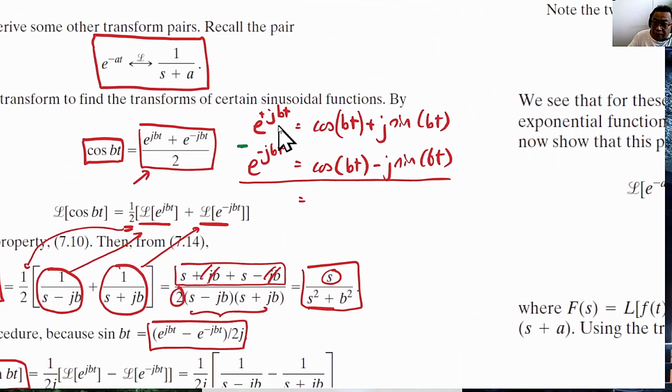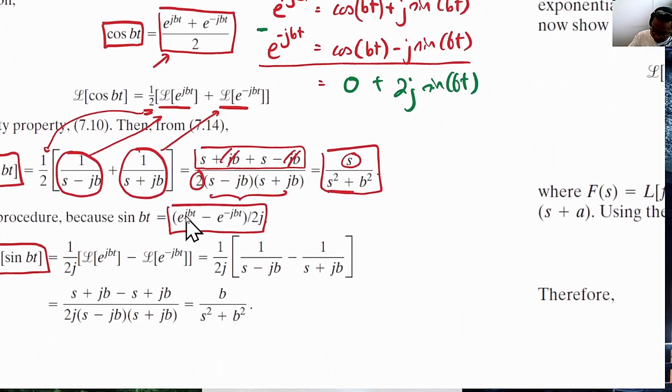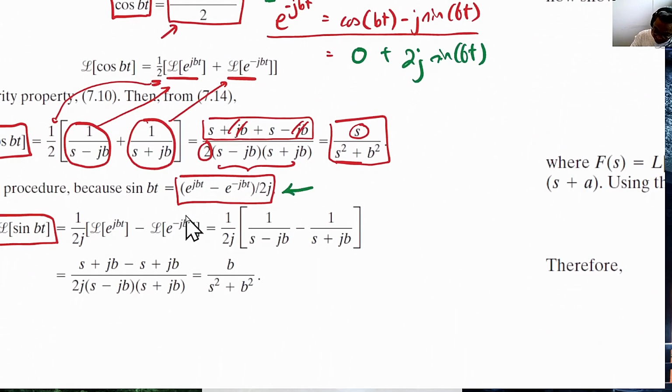So now we have e to the plus jbt minus e to the minus jbt, the cosine disappears. j sine bt minus minus j sine bt is 2j sine bt. We move the 2j to the other side, and therefore we now have this expression over here: e to the plus jbt minus e to the minus jbt divided by 2j.